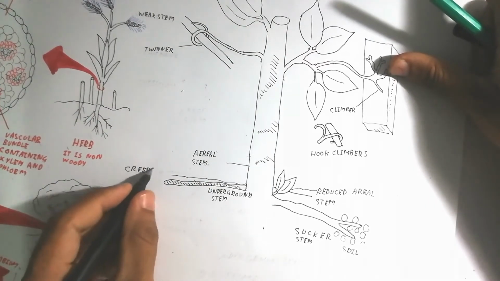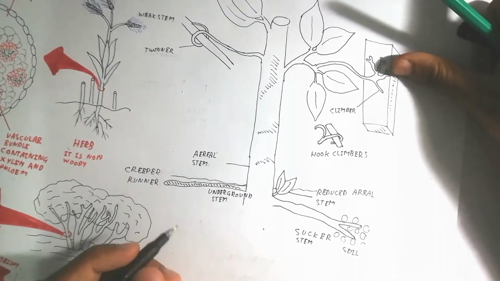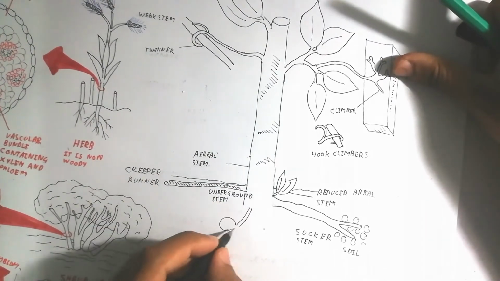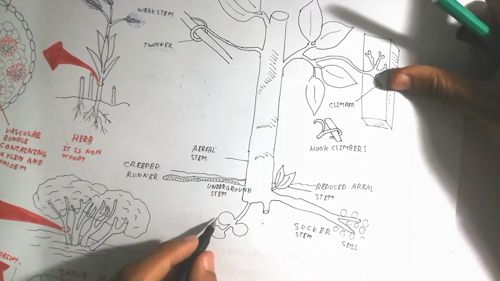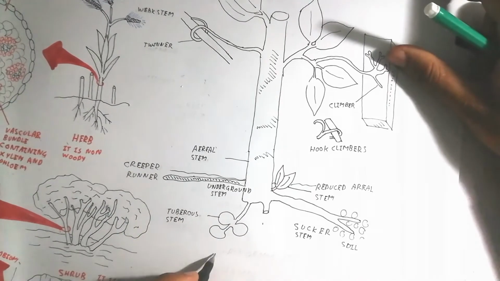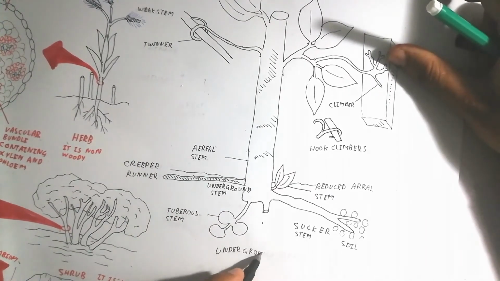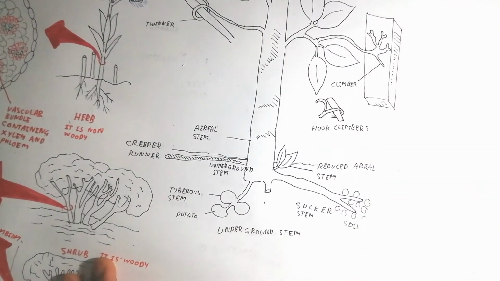Reduced means it has slight leaves, but the stem is reduced. We will talk about it in the next reduced stem. Here is a sucker stem that sucks material, and here are the runner and creeper stems, which go toward water or nutrient and mineral absorption from one place to another.